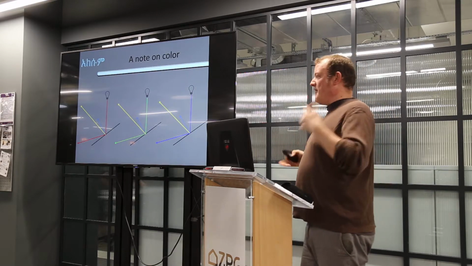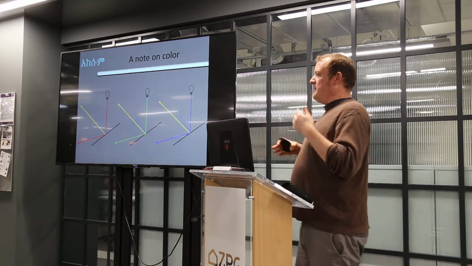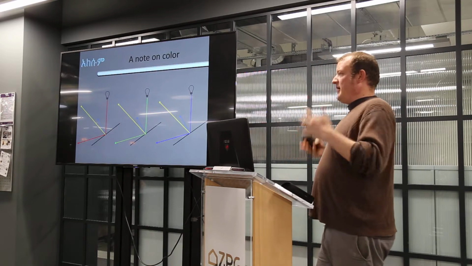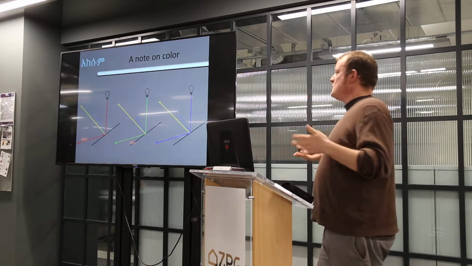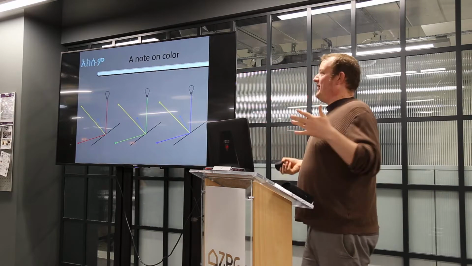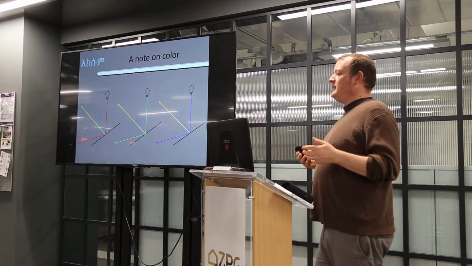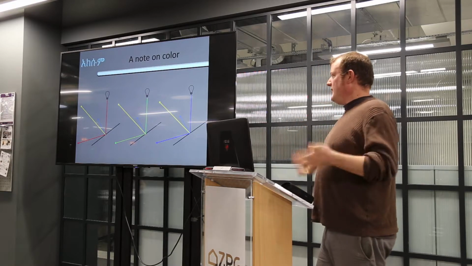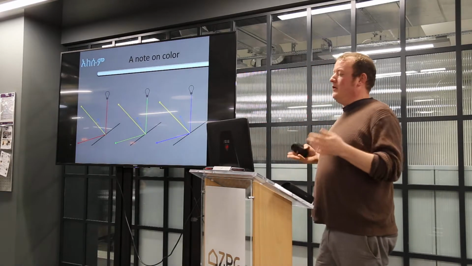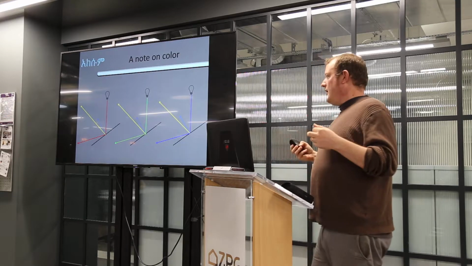And then as those wavelengths are bouncing around the world, they are absorbed and reflected differently based on the properties of the surfaces they're hitting. That's really complicated. So almost universally in 3D graphics, colour is just represented by three scalar values. So you have a 3D vector of red, green and blue.